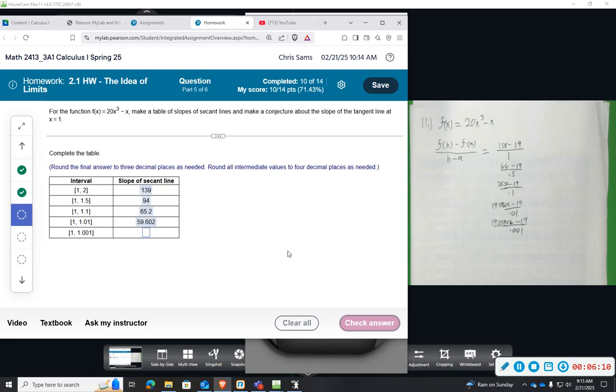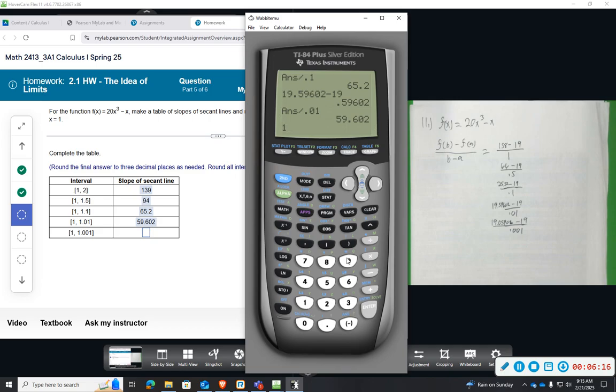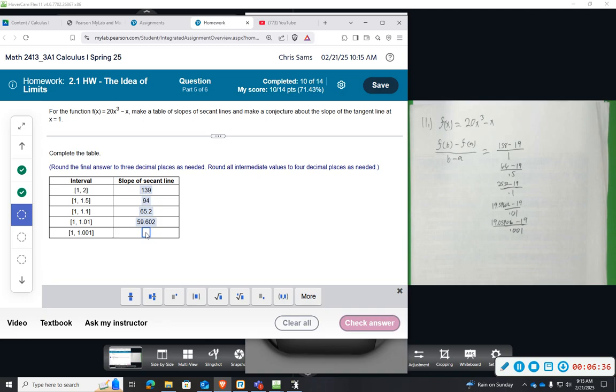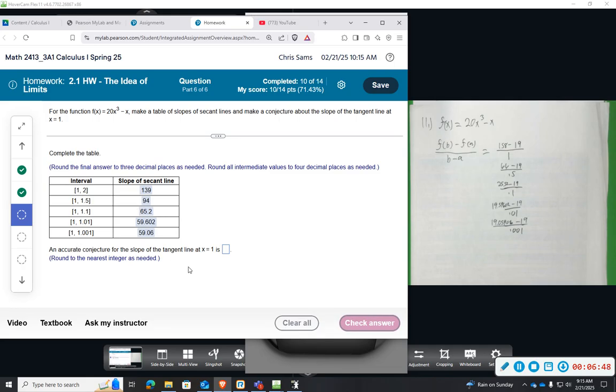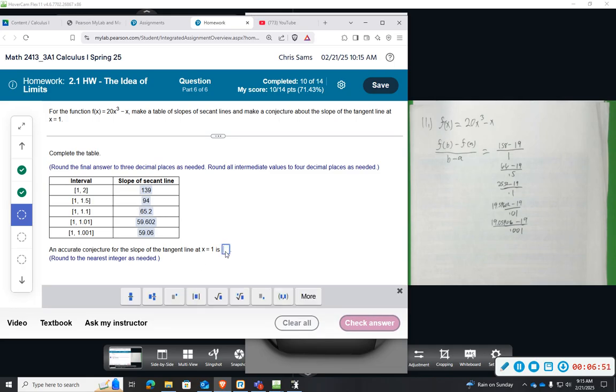And then the last value we do 19.05906. Subtract 19, and then we divide by 0.001. We get 59.06. So we can see these numbers are decreasing, getting closer to 59, starts slowing down. And so we would say that our slope would be 59.